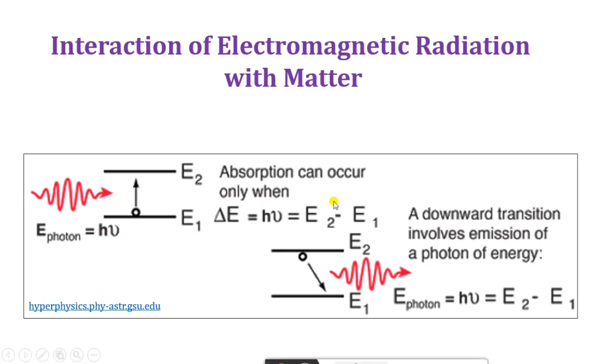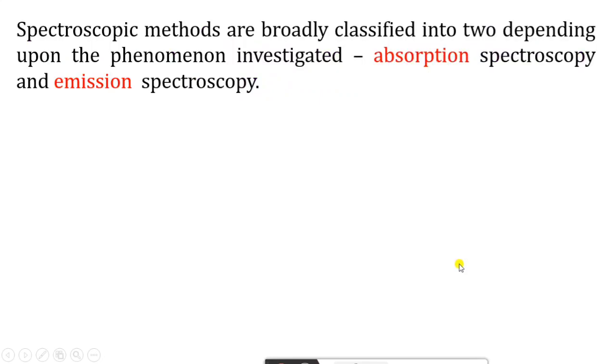So a spectrophotometer can either measure the amount of energy absorbed by the molecule, or it can also measure the energy emitted by the molecule. Based on this, there are two kinds of spectroscopic techniques.